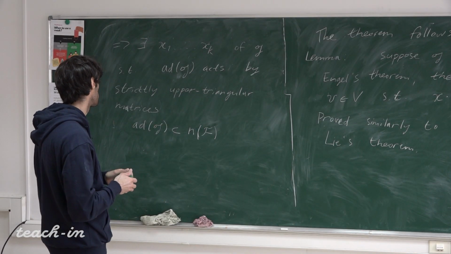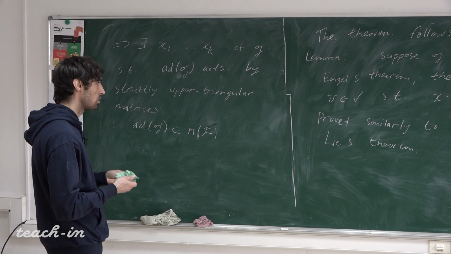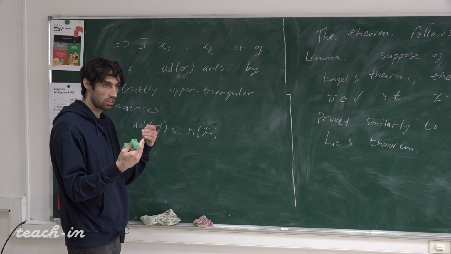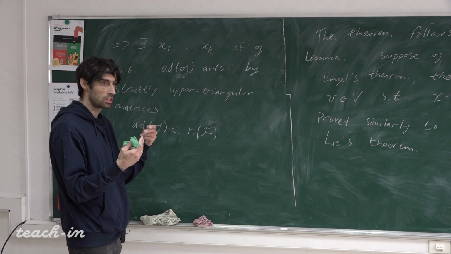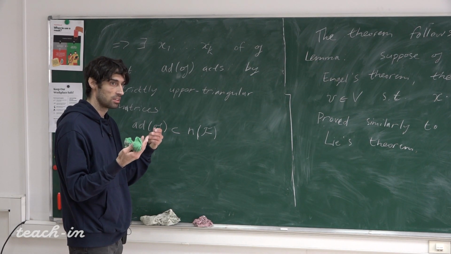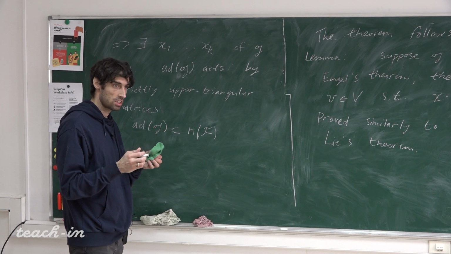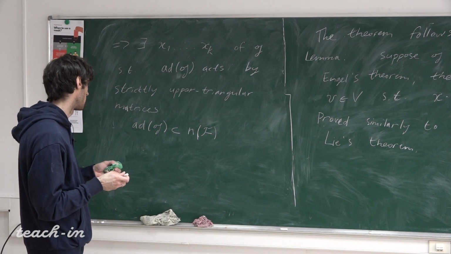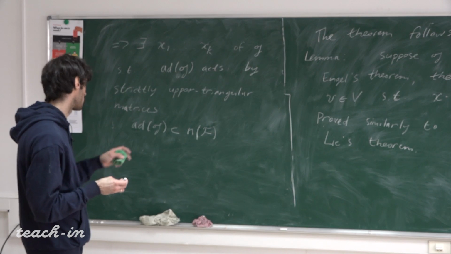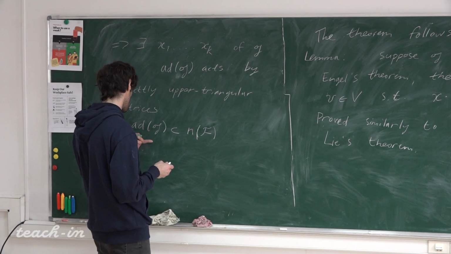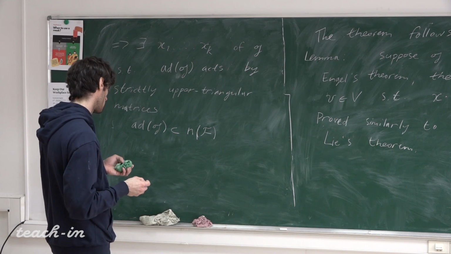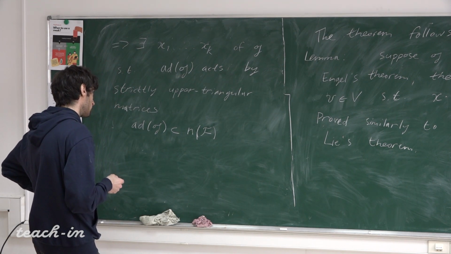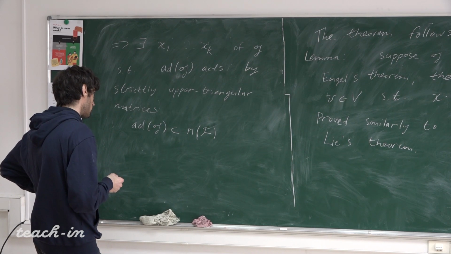Yeah, so maybe I don't even need this. So they're all strictly upper triangular matrices, right? So once you start commuting upper triangular matrices, at some point they become zero.